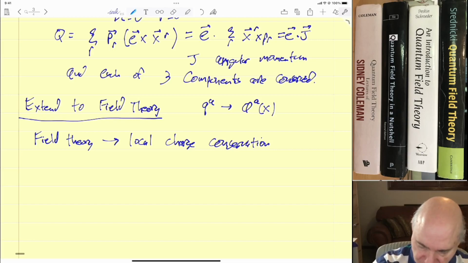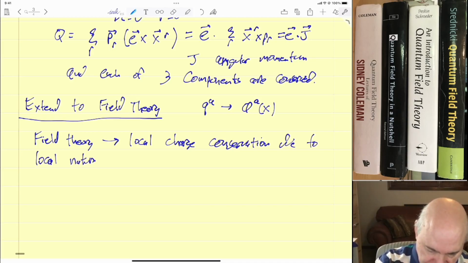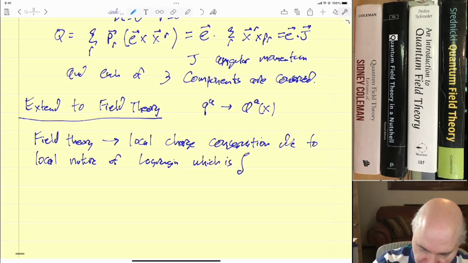So this is due to the local nature of the Lagrangian, which is the integral of the Lagrangian density. We'll call the Lagrangian density the Lagrangian from now on.